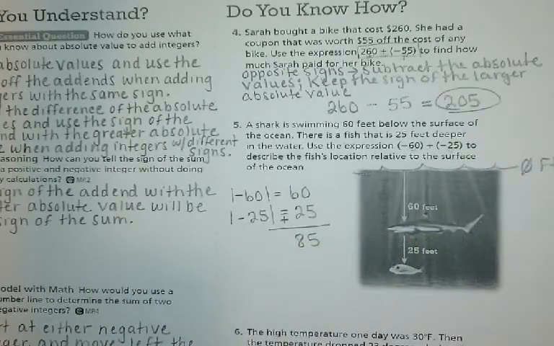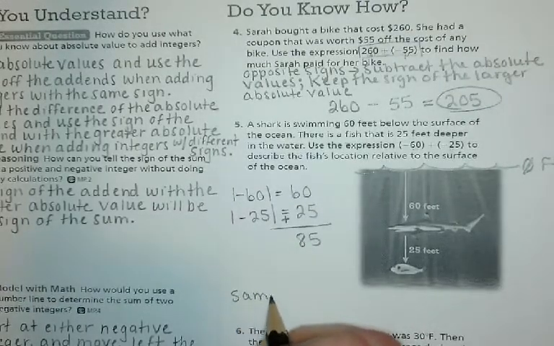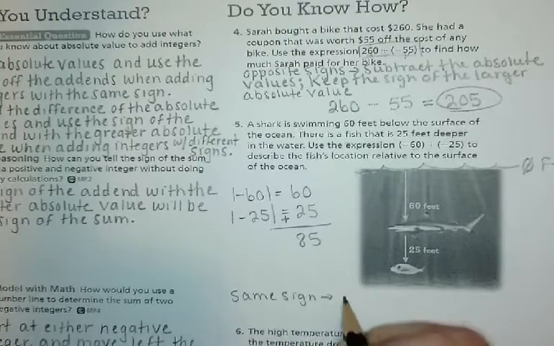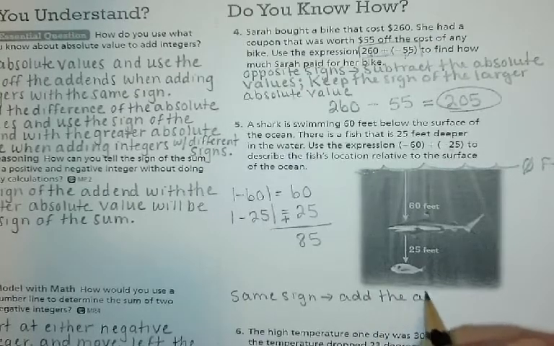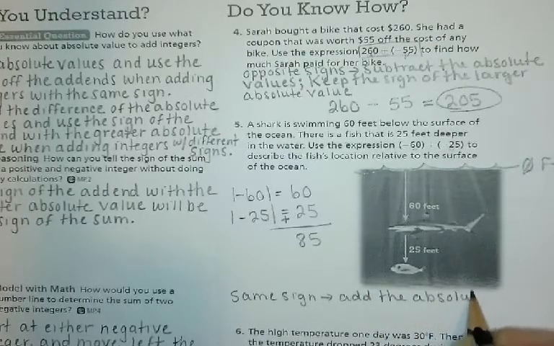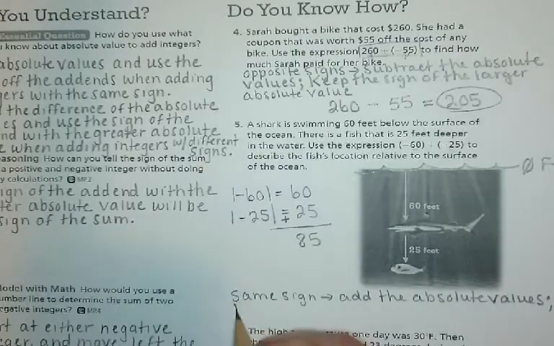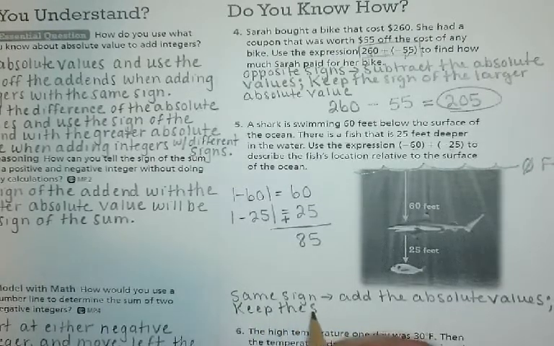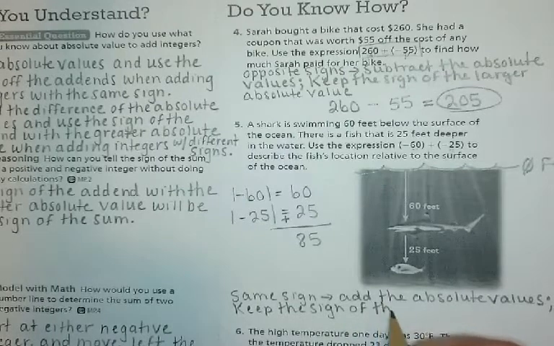Now the rule is, if you have the same sign, you're going to add the absolute values, which we just did, and then you're going to keep the sign of the two numbers.